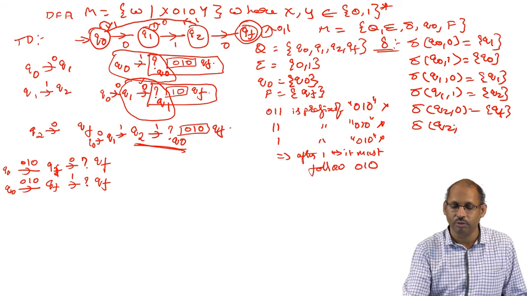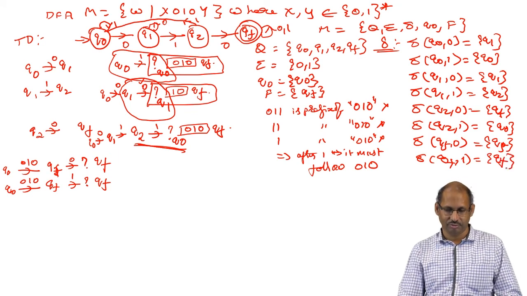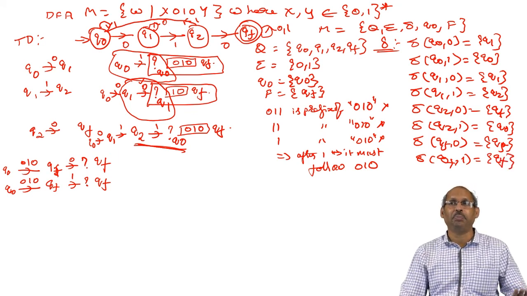Q2 on 1 going to Q0. QF on 0 goes to QF only. QF on 1 goes to QF only. Right? So we represented it in the 5 tuple notation.